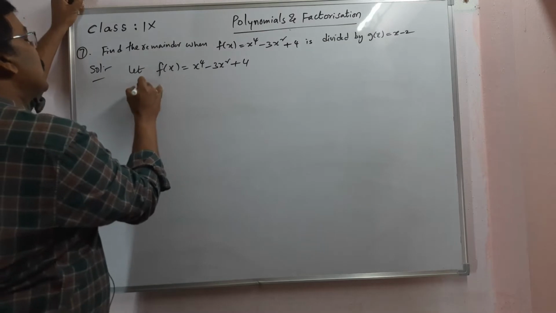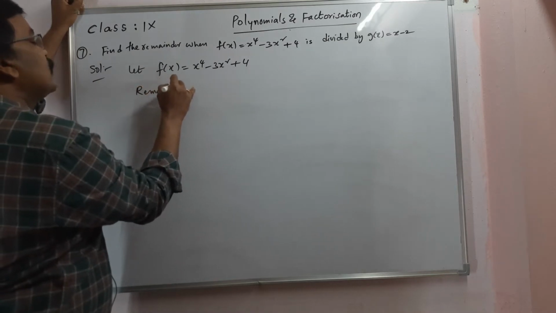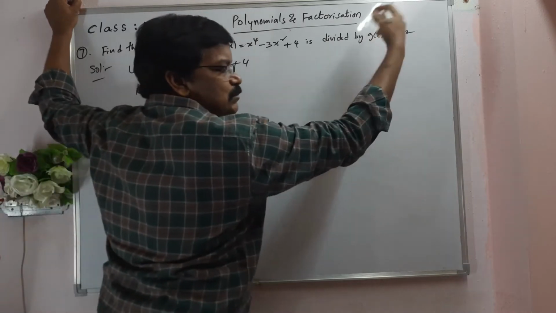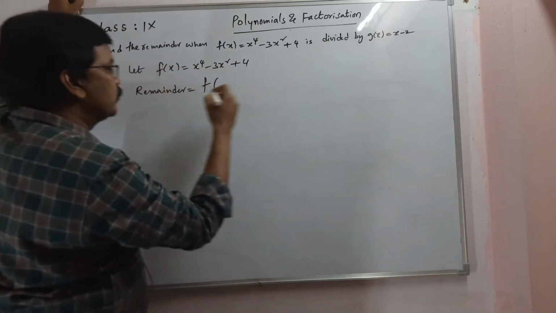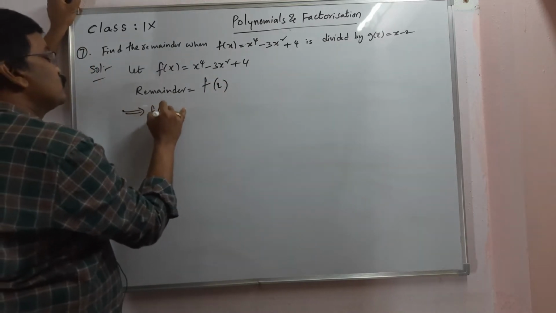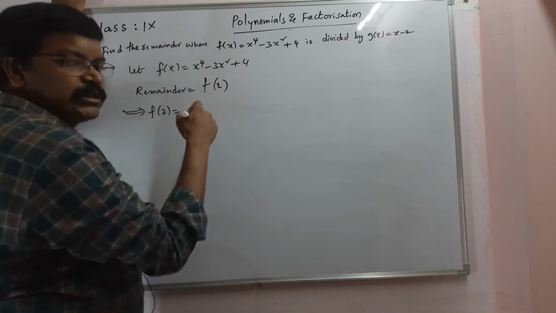What is the remainder, students? According to the remainder theorem, x minus 2 equals 0, so x is equal to 2. That means f of 2 is the remainder. So let us substitute x is equal to 2 in the given polynomial.